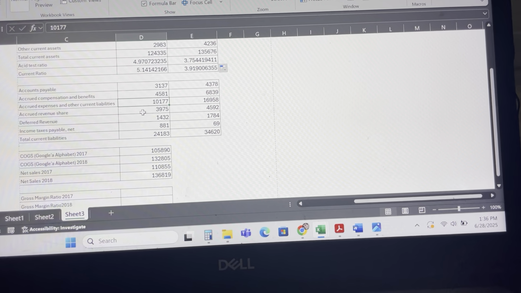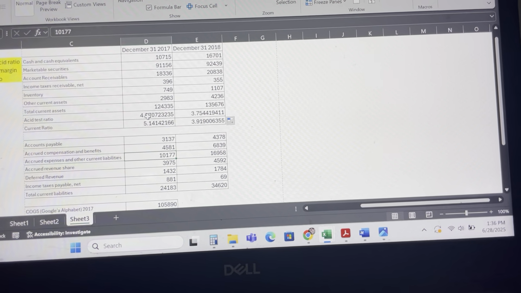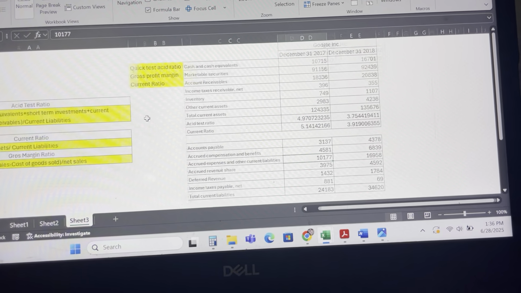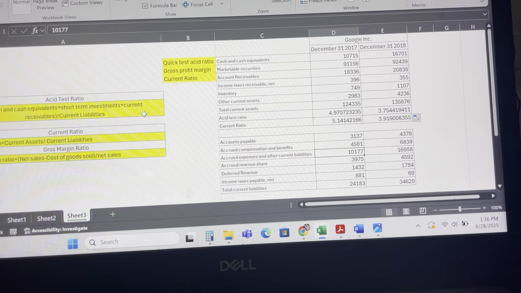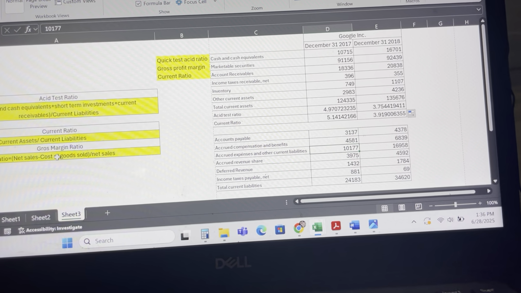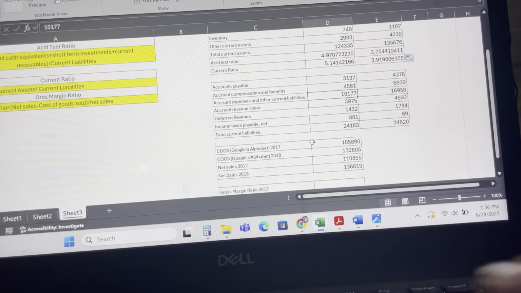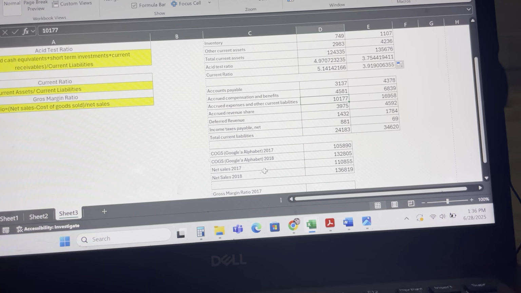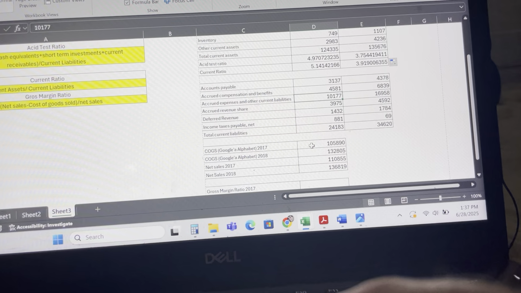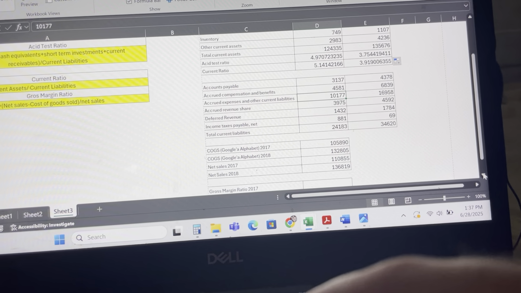I don't know. Okay, so now the next thing we need to do is the gross profit margin ratio, and that is net sales minus cost of goods sold divided by net sales. Now in the appendix, I was not able to find a cost of goods sold, but I found this data in Google.